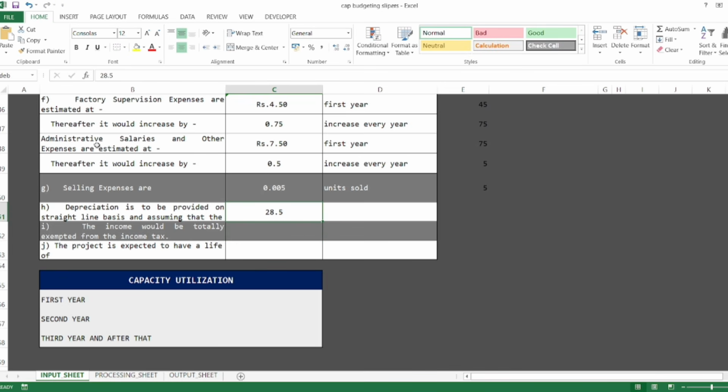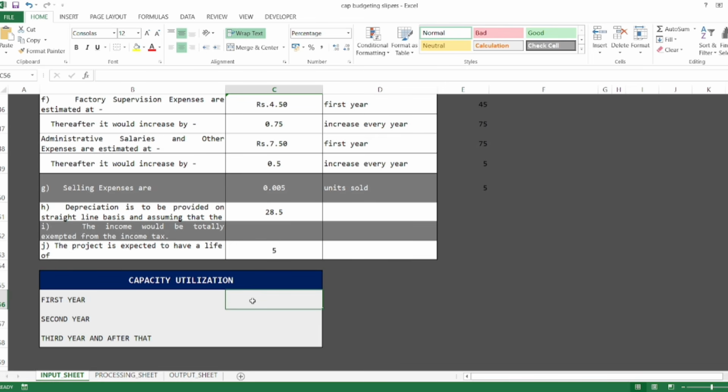Now moving to our capacity utilization, this has been already given in the question, that is for the first year it will be 60%, 70%, and third year and after that it will be 80%.